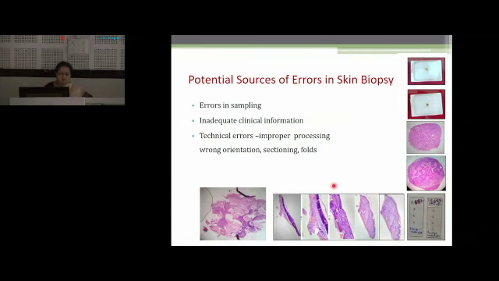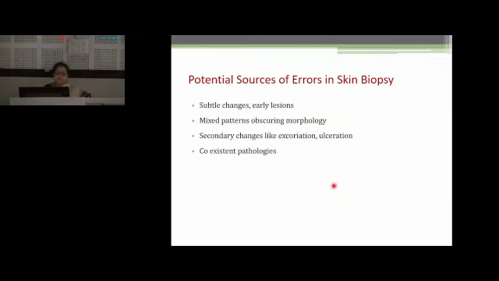So we always can give serial section. Sometimes the lesion may not be properly sampled. It is showing only subtle changes or early lesions are sampled, or mixed patterns with obscuring morphology, secondary changes like excoriation and ulceration, or coexistent pathologies.